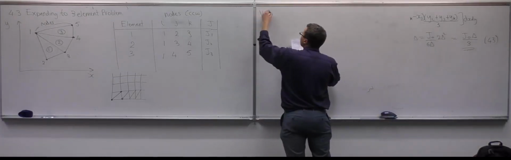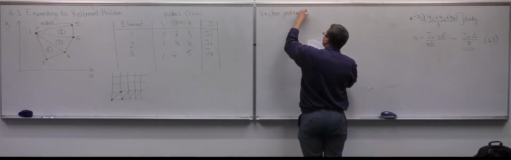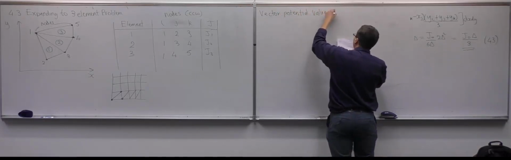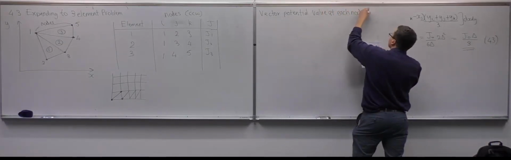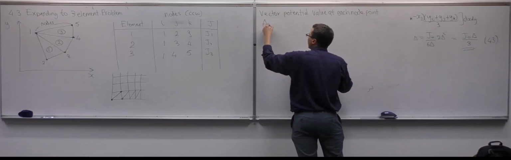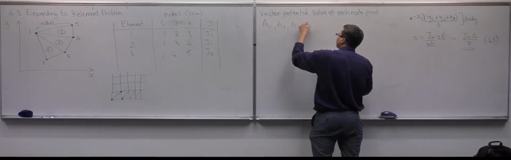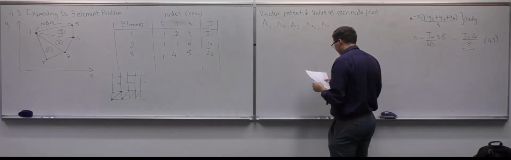So vector potential value at each node point. So A1, A2, A3, A4, and A5.